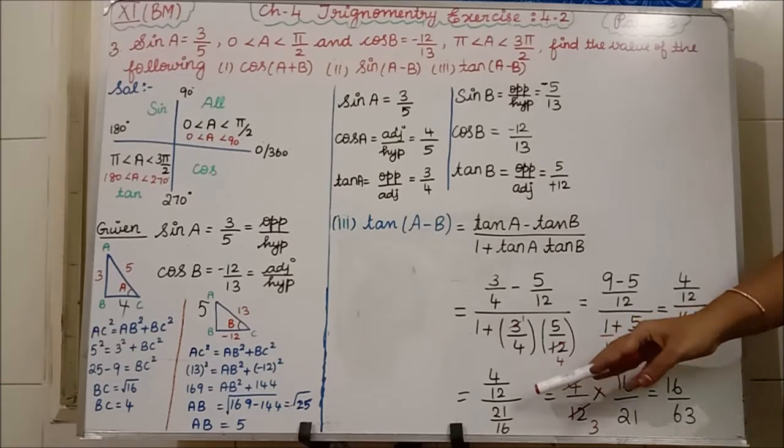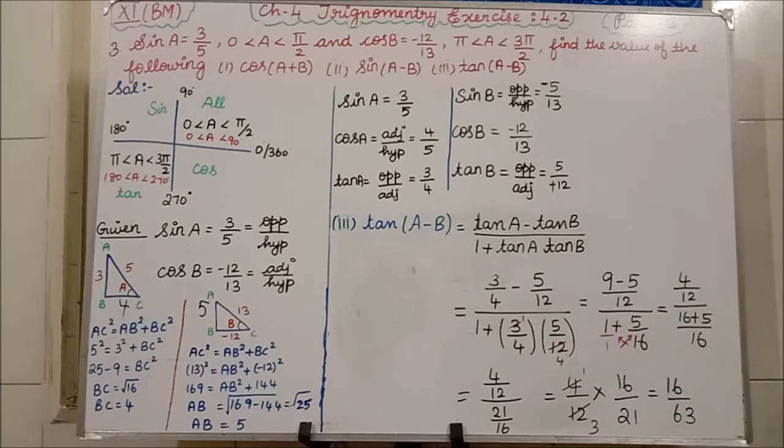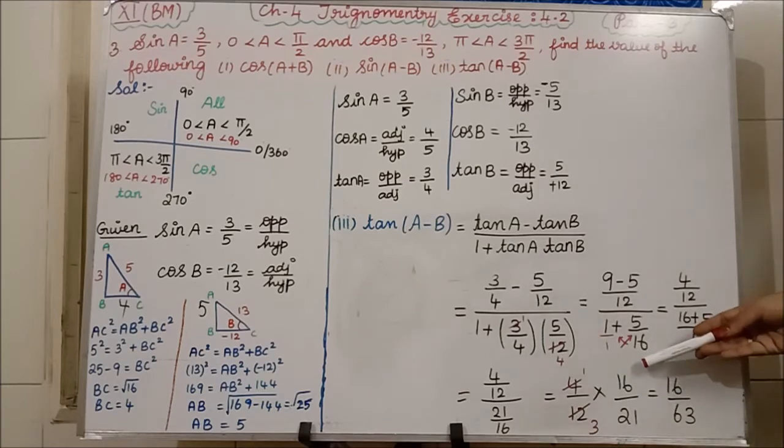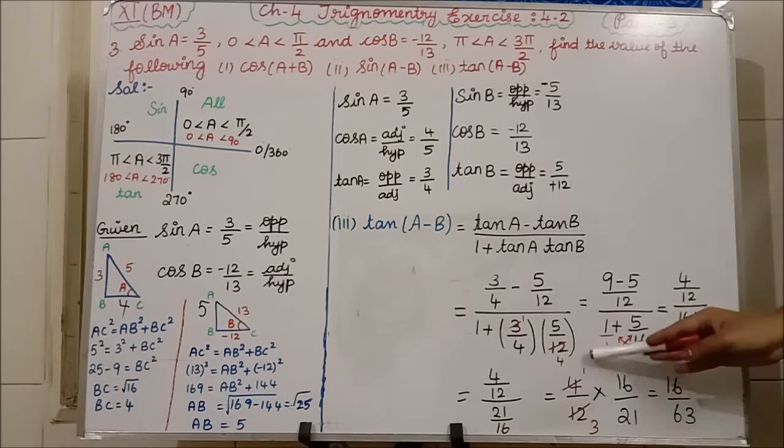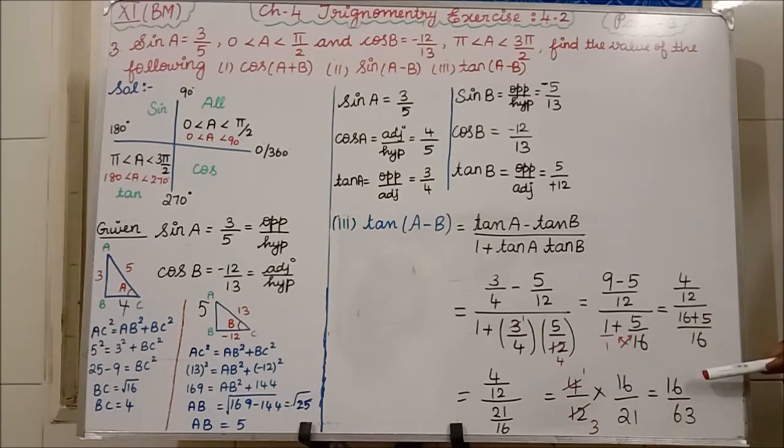For the denominator, it will become reciprocal. So 16 by 21. After cancelling, 1 into 16 is 16, 3 into 21 is 63. That is the answer for the third subdivision. Clear all of you the third question? This is a very simple question only.